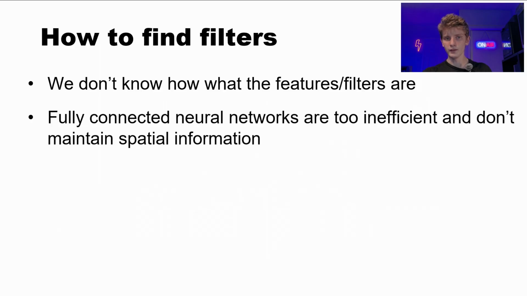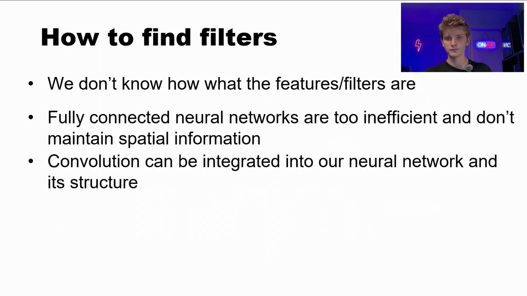What I mean by that is, if you remember, if we were to give a fully connected neural network a matrix as an input, it would actually have to be flattened down into a one-dimensional array for it to be a proper input.